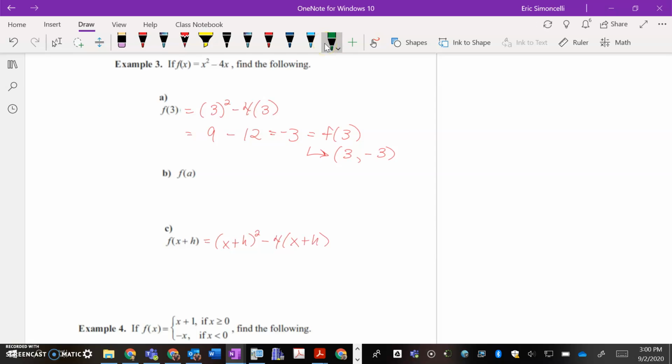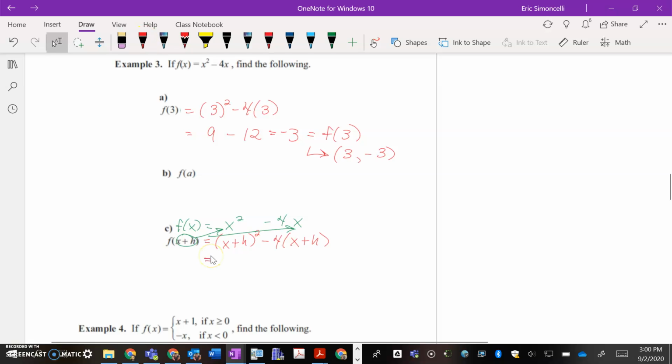If you recall, I might as well write this up above. F of x in the first place was equal to x squared minus 4x. So we're substituting x plus h in for x here and in for x there.